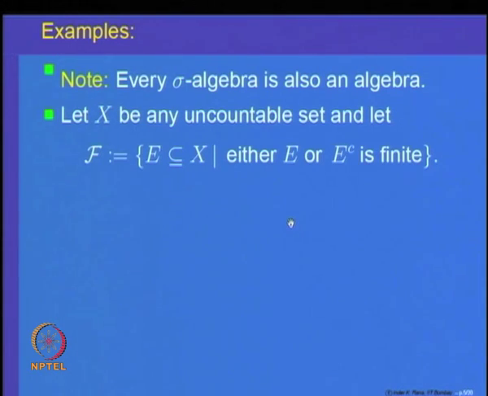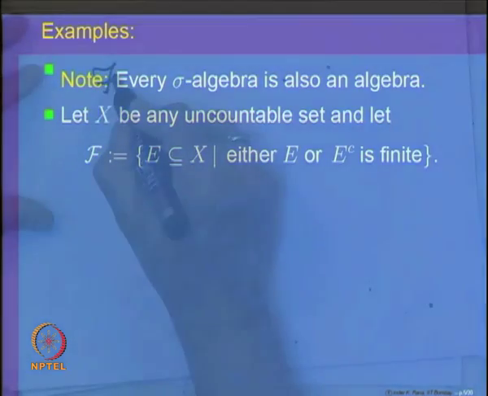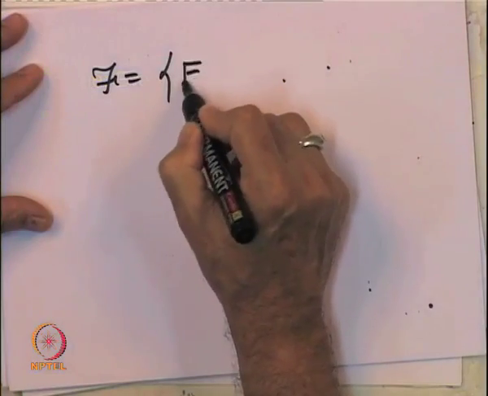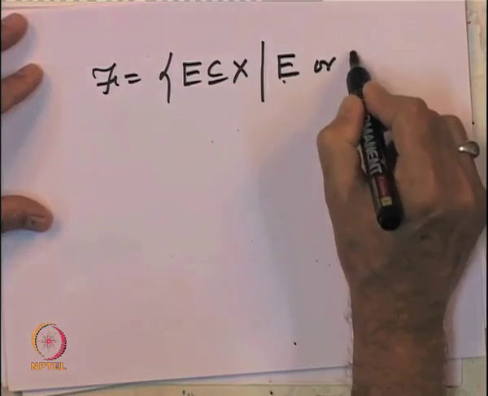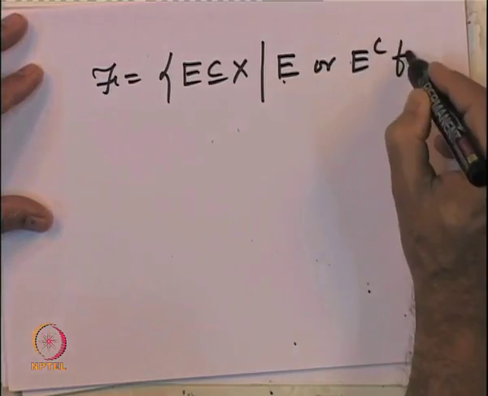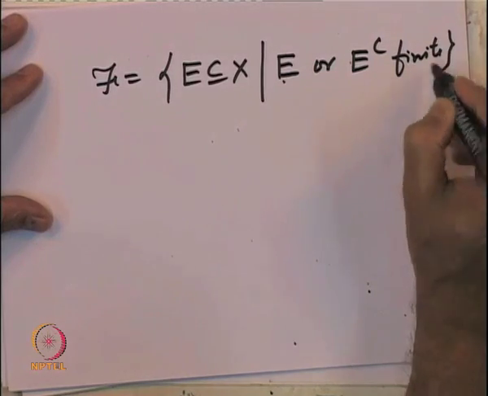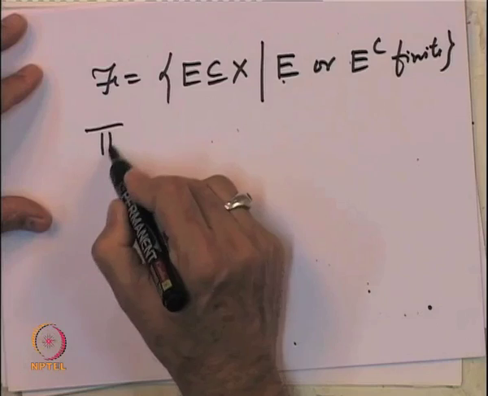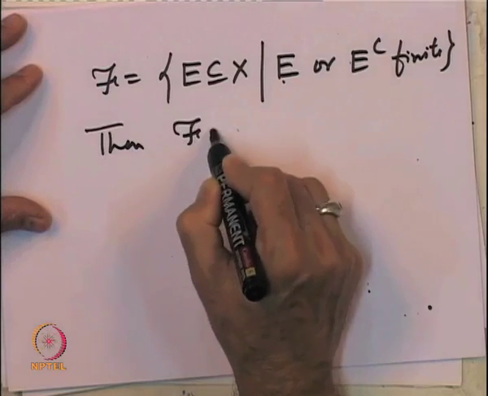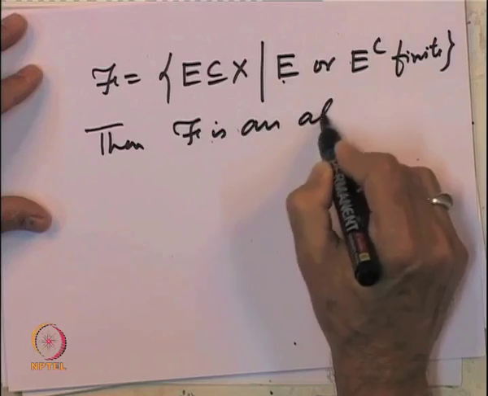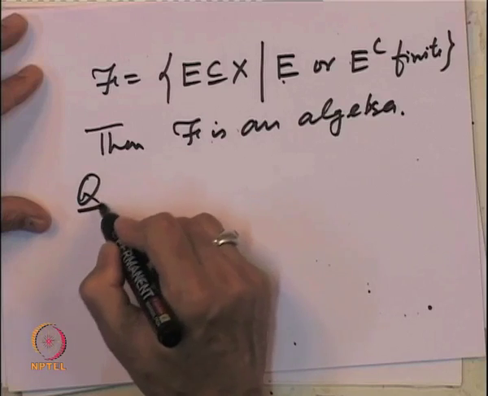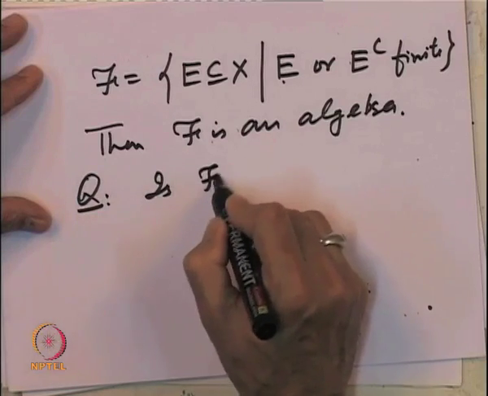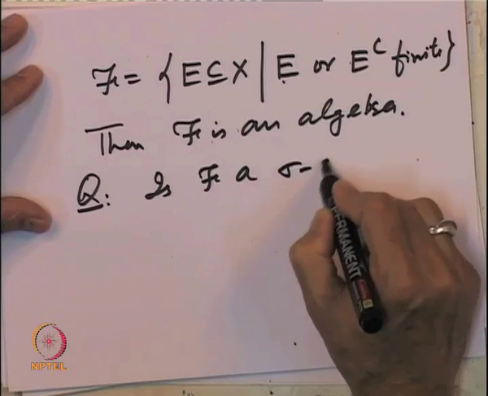So, let us recall what we have already shown, that if I take this collection F of subsets E of X such that E or E complement is finite, then we already observed that F is an algebra. So, the question is, is F a sigma algebra?